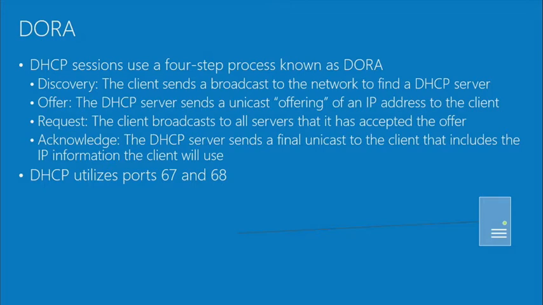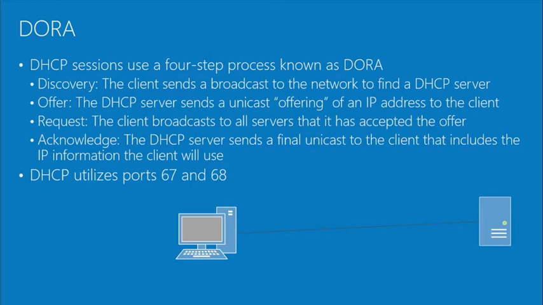DHCP sessions use a four-step process known as DORA: discovery, offer, request, and acknowledgement. If we look at the graphic here, we see a client. This represents a client coming online, booting up. It's been turned off, and at this point it may or may not have an existing address.